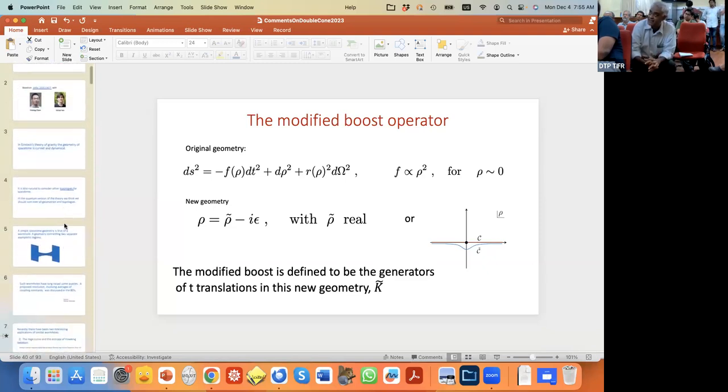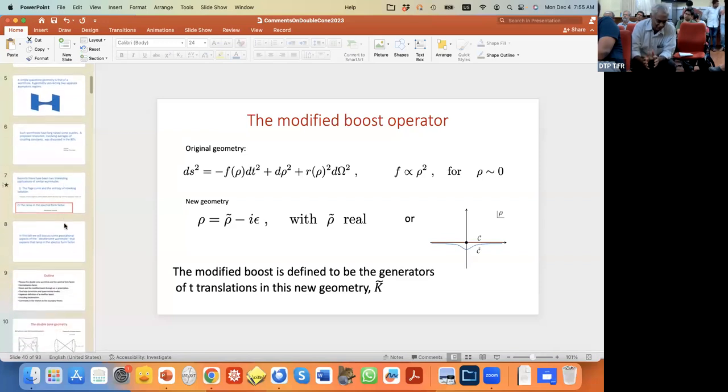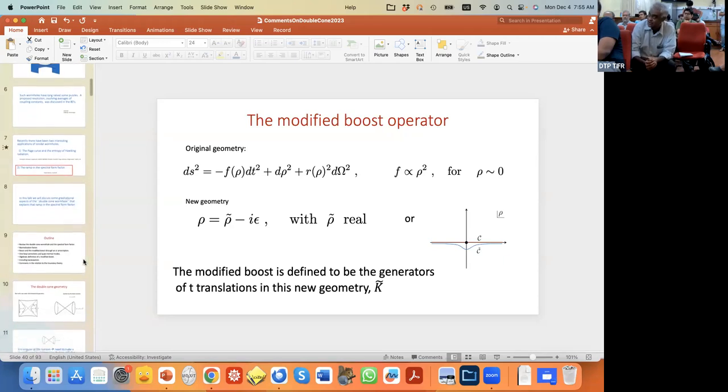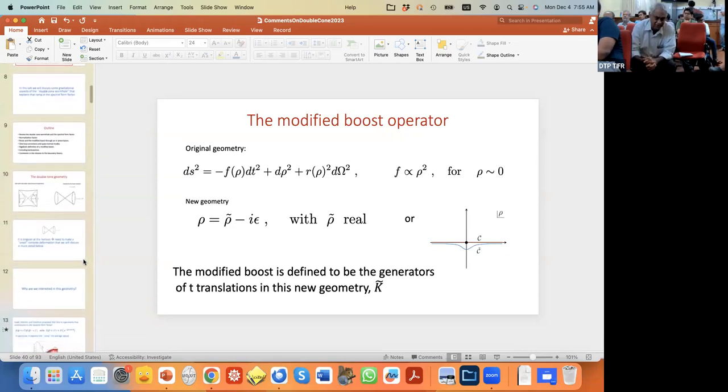And here you seem to be finding, if I understand your interpretation, that the I epsilon prescription actually just induces an explicit coupling between the two sides. So it's not so much related to a time average as such. Or is there an interpretation like that which is possible?